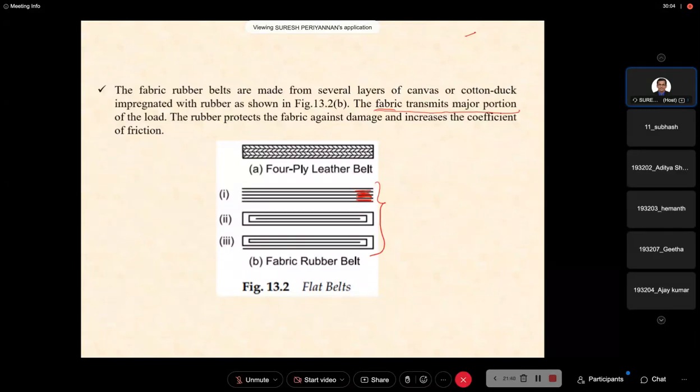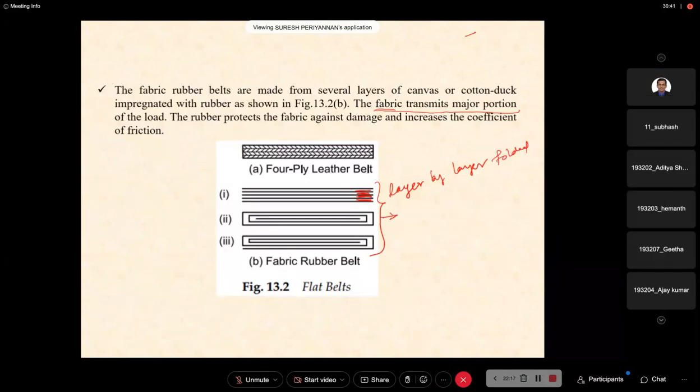You can get it. Now, the fabric rubber belt is classified into three types. The first one is the layer by layer folded edge belt.